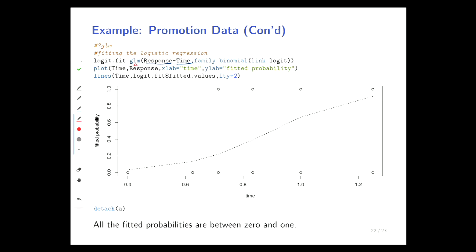To use this function, firstly, you need to specify the family. The family here is called binomial. Why do we use binomial? The reason is that the Bernoulli distribution is a special case of the binomial distribution.